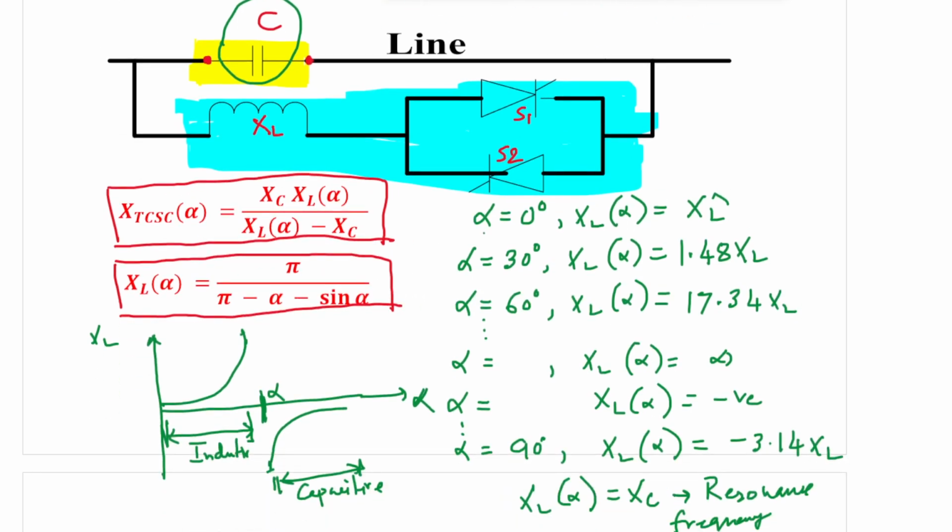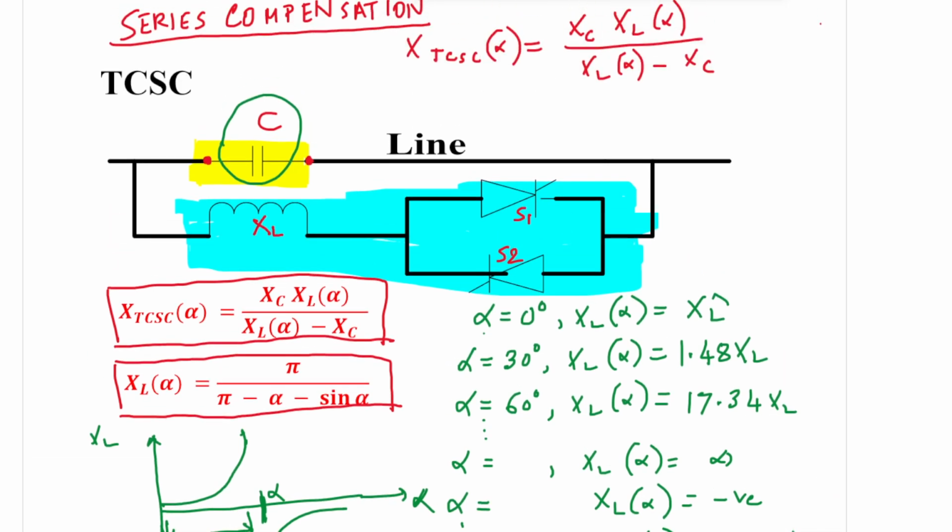So basically by controlling this alpha, we are offering a variable XL value, which is creating a variable reactance in TCSC. So this is how TCSC works.